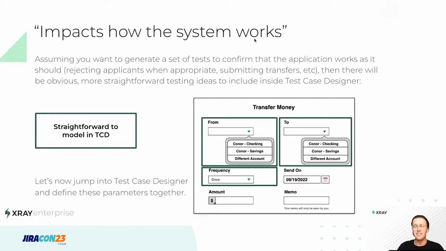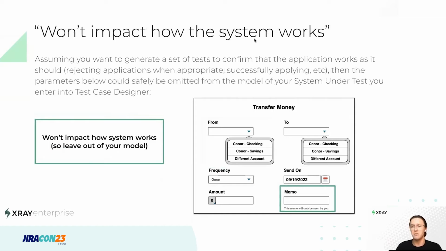And really, I should have probably mentioned this on the previous slide, but I like to tell users, when you're analyzing whether or not a certain piece of your system belongs in this critical parameters model, there are really two questions you want to ask yourself that you want to be able to say yes to. Number one, is this idea varying in different ways? If we go back to the last slide real quick, sure, memo is varying in different ways.